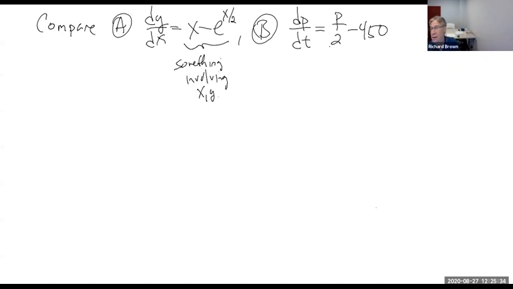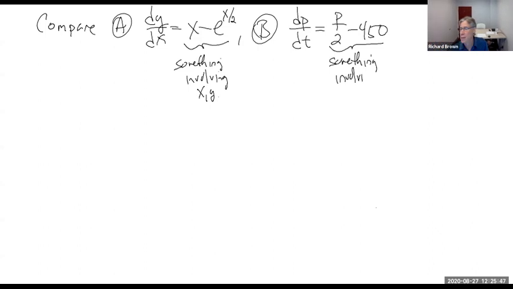And this one here, because we're looking at t as the independent variable and p as the dependent variable, is something involving t and p.